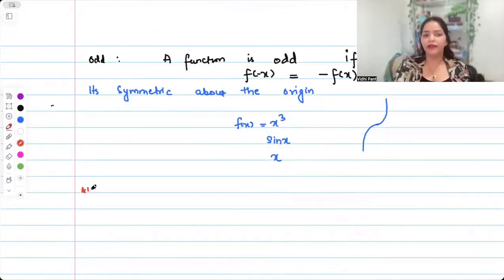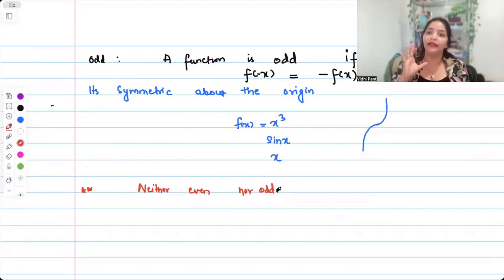I think here it's very essential to understand another very important thing. There are many functions which are neither even nor odd. You do not have to classify every function as even or odd. For example, let me just give you an example also.